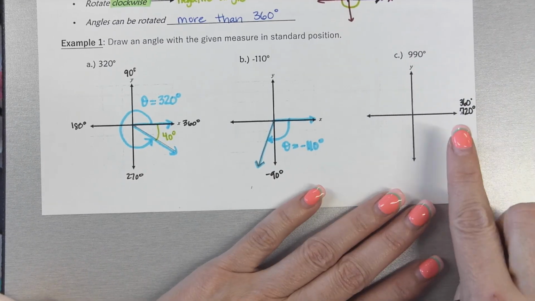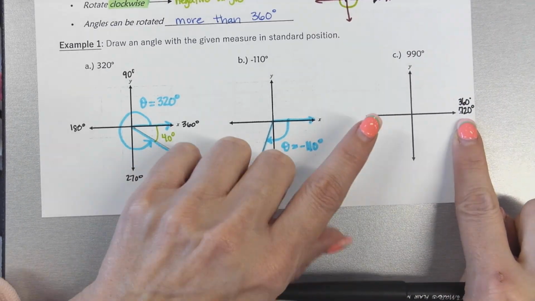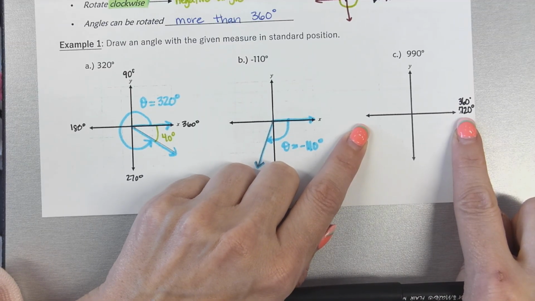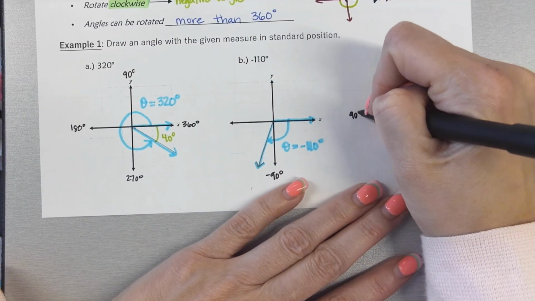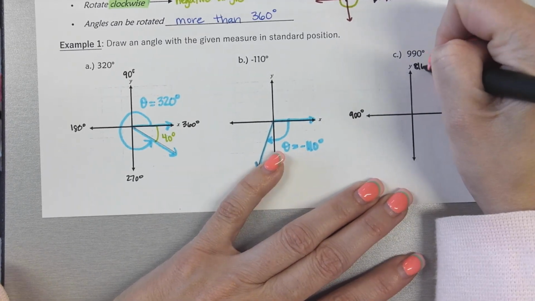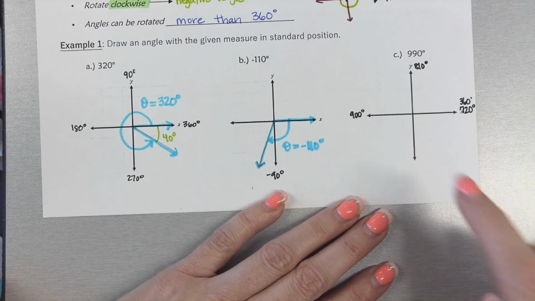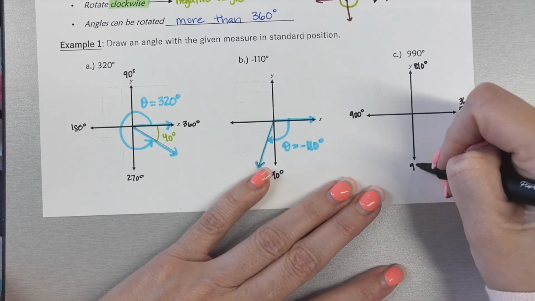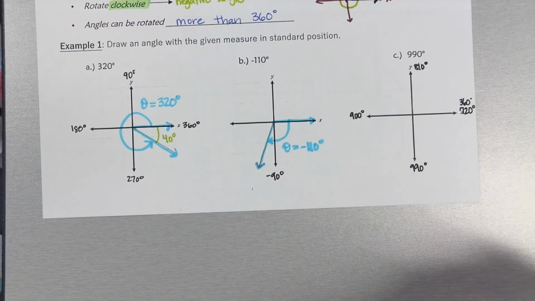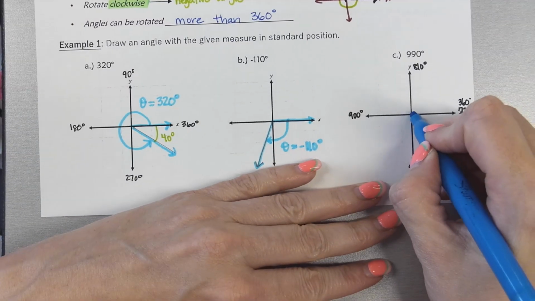Okay, so what's 720 plus 180? 900. You could also just do plus 90, so it would be 810 plus 90. What's 900 plus 90? 990. Okay, so that means your terminal side for this one is right on that line.